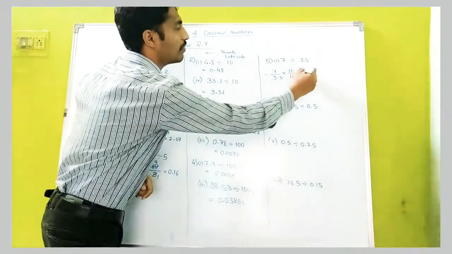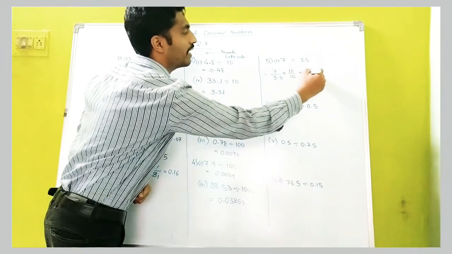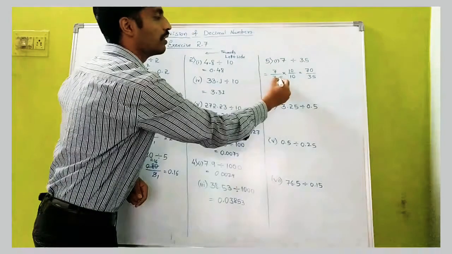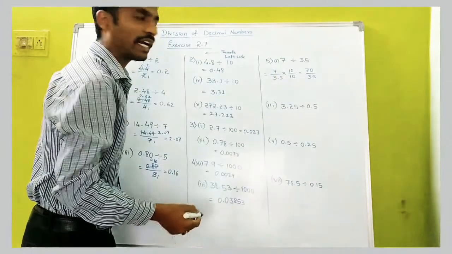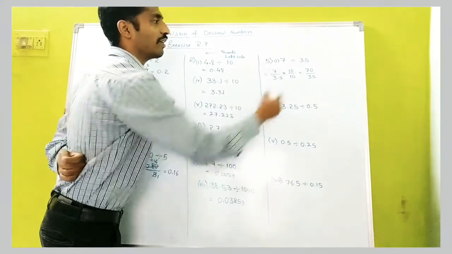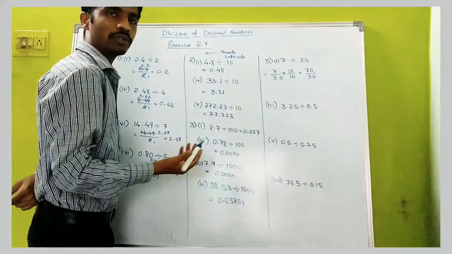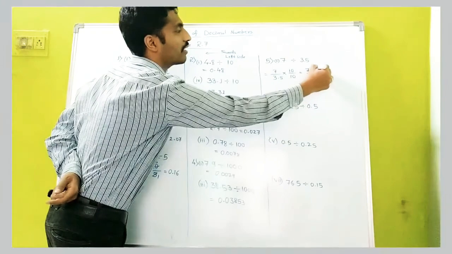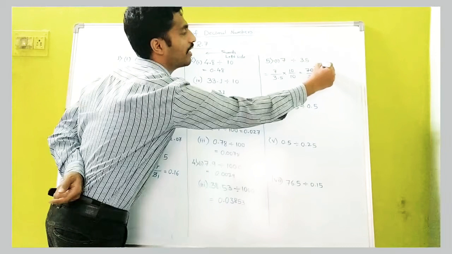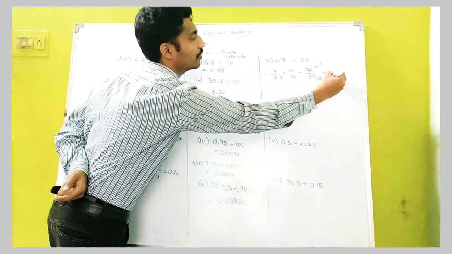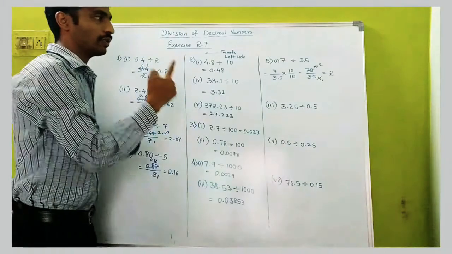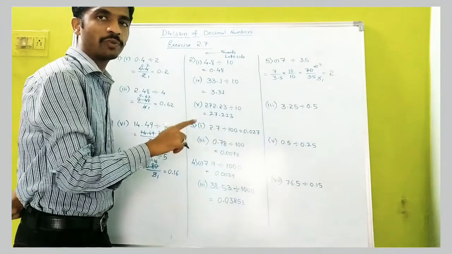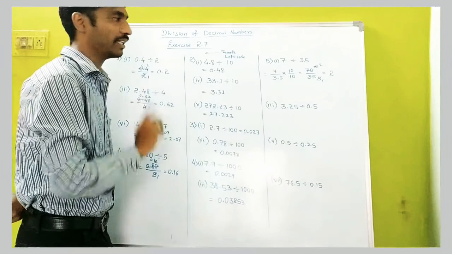So it becomes 70 divided by 35, because the point will move towards the right. So it becomes 35 and 70. Cancel it. 7 fives are 35, 7 tens are 70, so our answer is 2. So like this you have to multiply the numerator and the denominator by the same number while dividing.